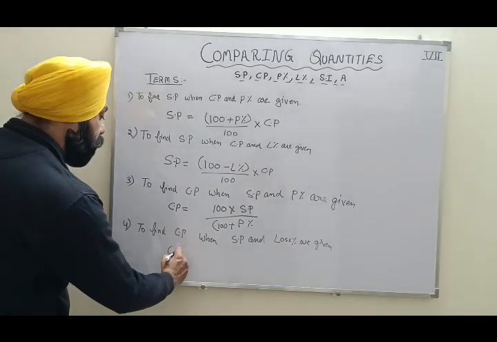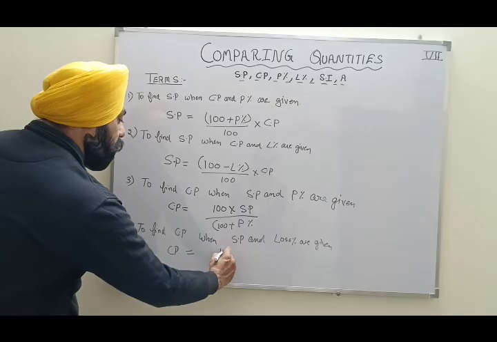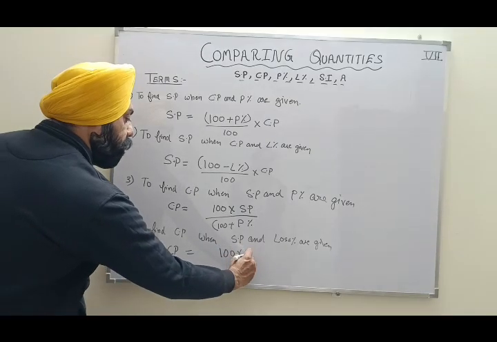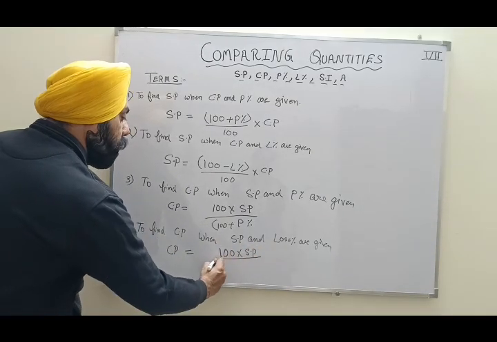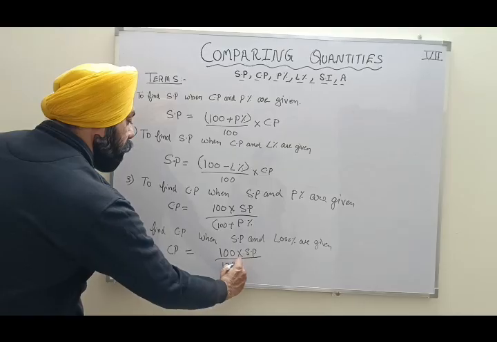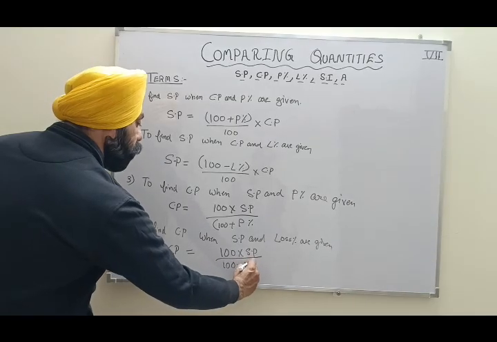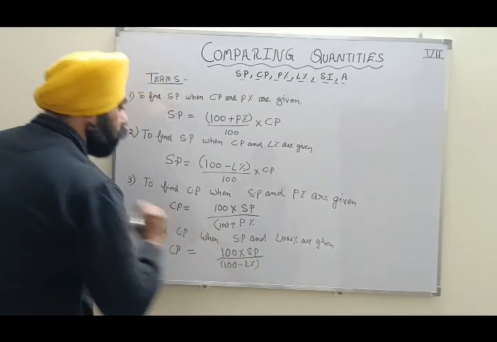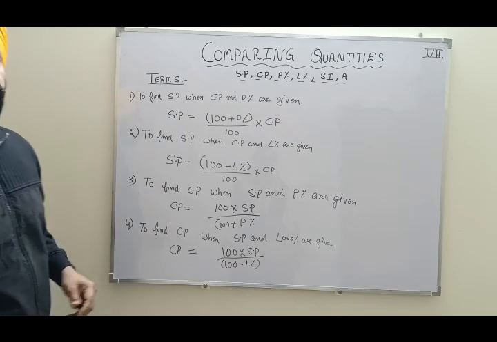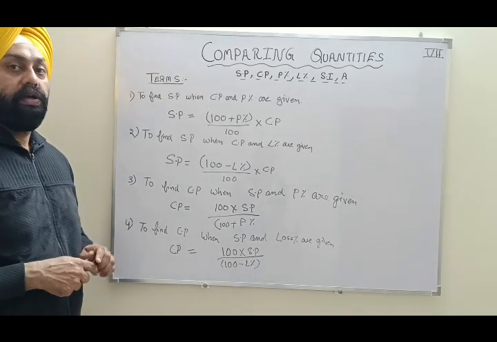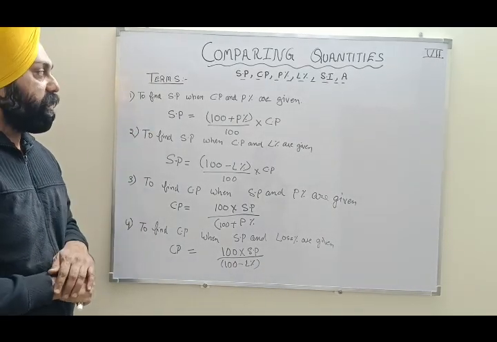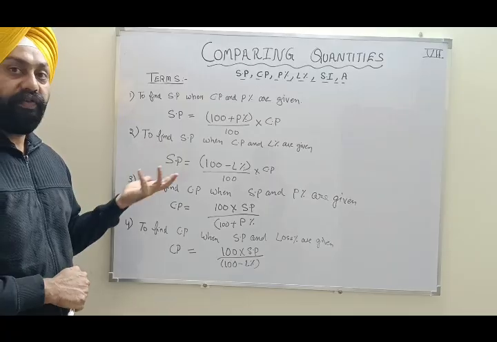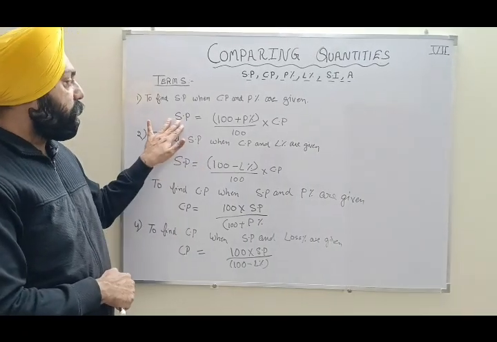So CP is equal to 100 into SP upon 100 minus loss percent. So these are the 4 formulas which will help you in finding SP, CP, connecting cost price, profit percent, and loss percent. So just remember this formula.